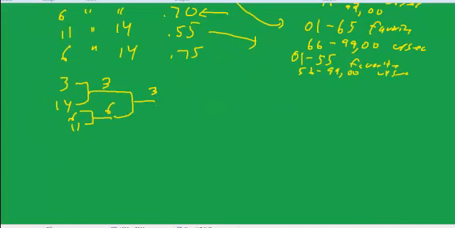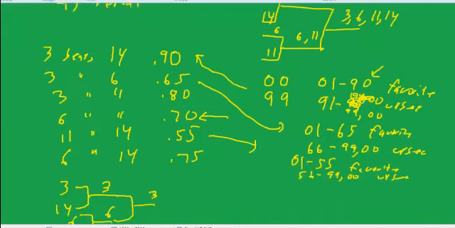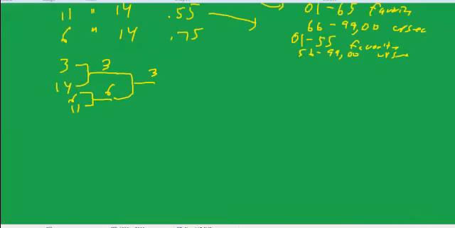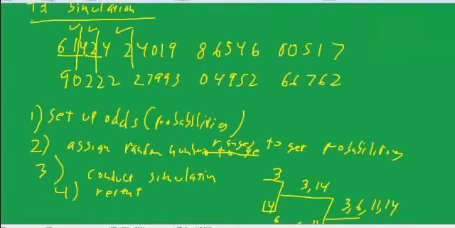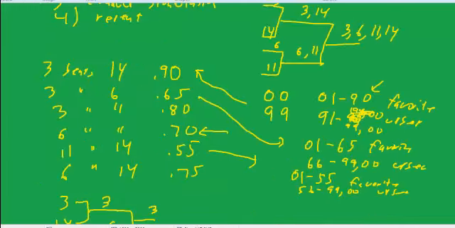Okay, but then what's our next step? It's repeat. So we'll do this simulation another time just to see if we get a different result. 14, 6, 11, and okay, so let's draw another set of random numbers. We get 40. That's not an upset.